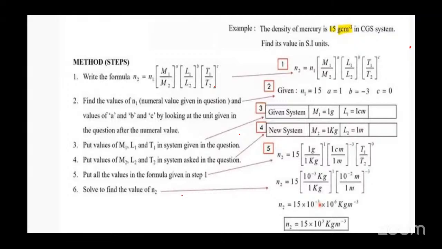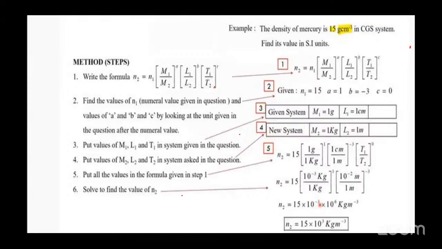Now, the new system, which is the one we are converting to, MKS, will be M2, L2, and T2. So M2 is kilogram, L2 is meter, because we are converting from grams per cm cube to kilogram per meter cube. So now we have been able to identify all the parameters given.